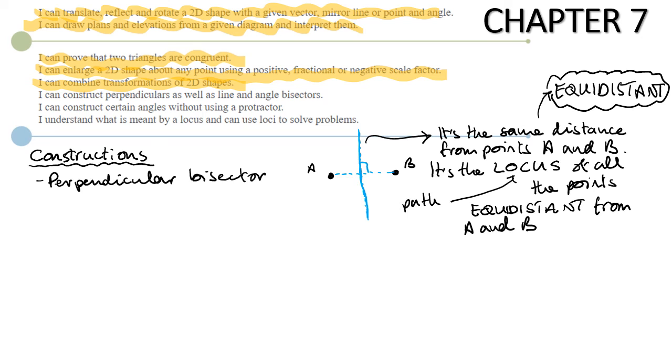The other type of, well actually let's finish this off. Perpendicular bisectors.